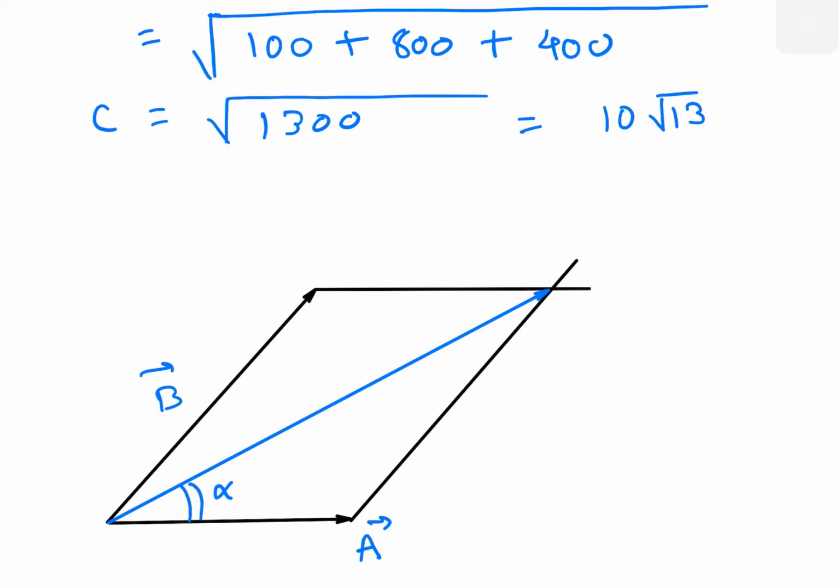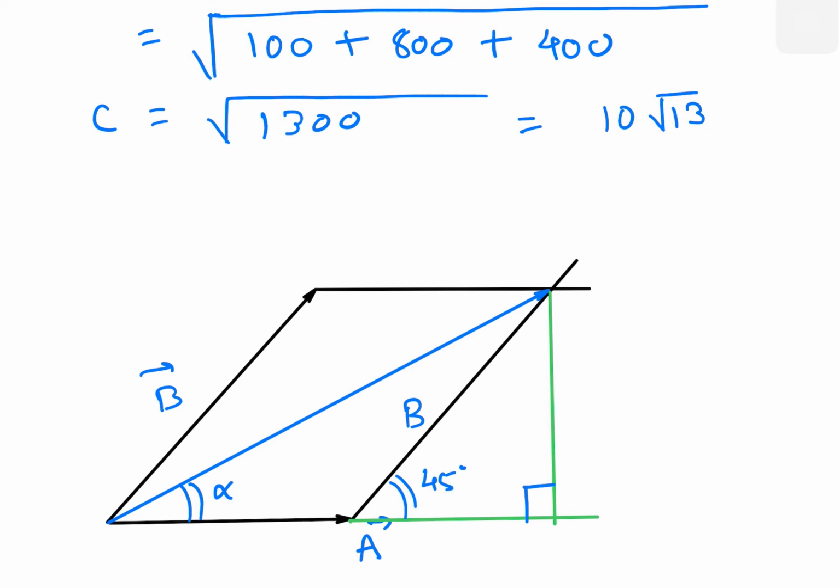Now let's make some geometric constructions. Let's elongate the side with vector A, and from this point we drop a perpendicular to this previous side. So we get this angle to be equal to 90 degrees. Now this side is B, and this angle is 45 degrees.